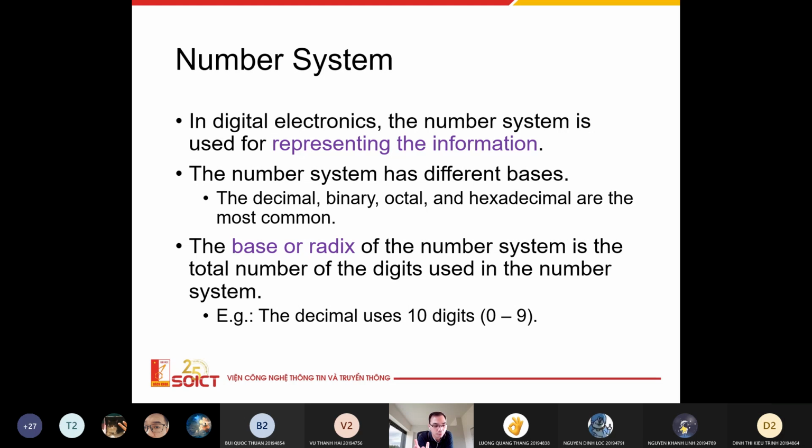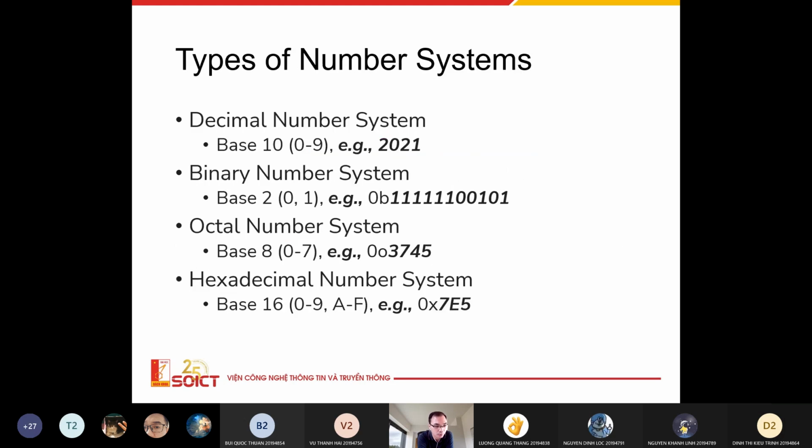For example, the decimal number system has 10 digits, from 0 to 9, and the binary number system has base 2, that's 0 and 1. The hexadecimal number system has base 16. I mean, we use 16 digits to represent a number. They are from 0 to 9, and A, B, C, D, E, F, right?